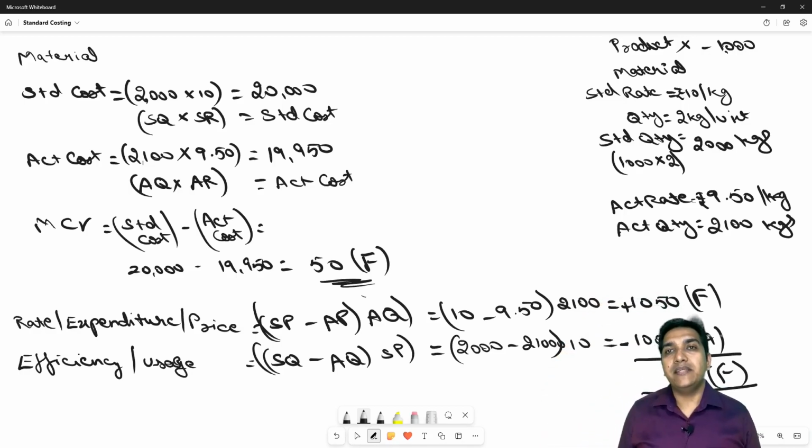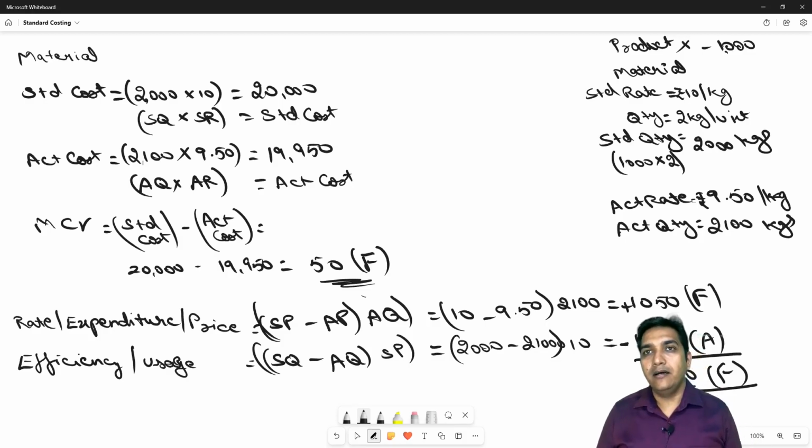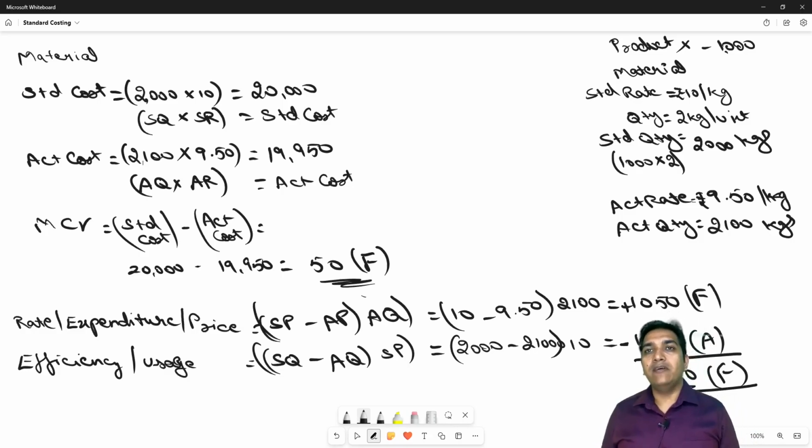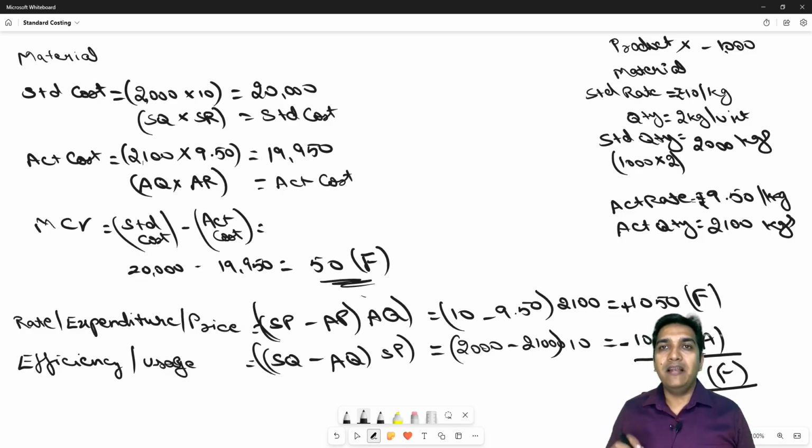So these are the basic concepts of standard costing. I took the example of material variances for you to easily grasp the concept behind standard costing. The terms which we used for material cost variances will differ when we compute labor variances and overhead variances. However, the overall concept will remain the same.